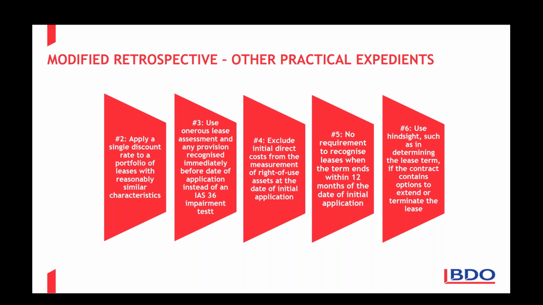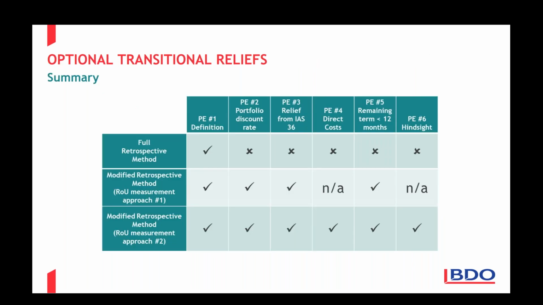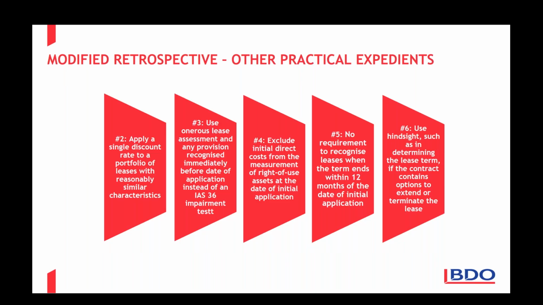Practical expedient number 5, there's no requirement to recognize leases when the lease term ends within 12 months of the date of initial application. And I think it's important there, however, to consider whether you've got options to extend, because as soon as you've got options to extend, it would have an impact on your leases and your lease term.